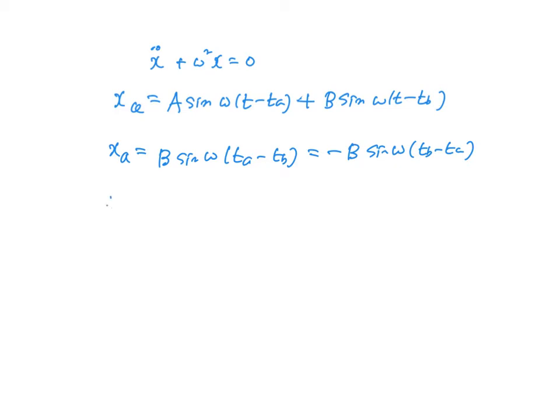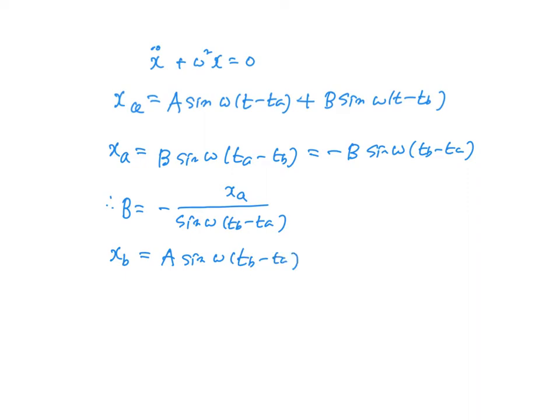So b is minus x_a over sine omega (tb minus ta). Likewise, we can write x_b as a sine omega (tb minus ta). That means a is given by x_b divided by sine omega (tb minus ta).